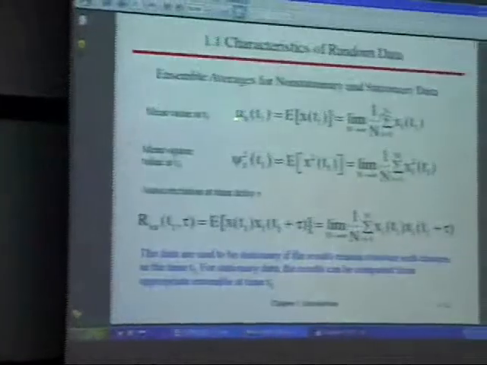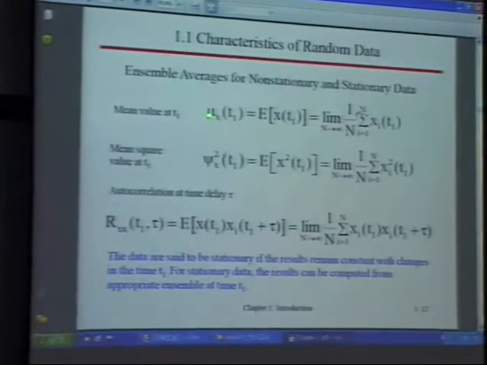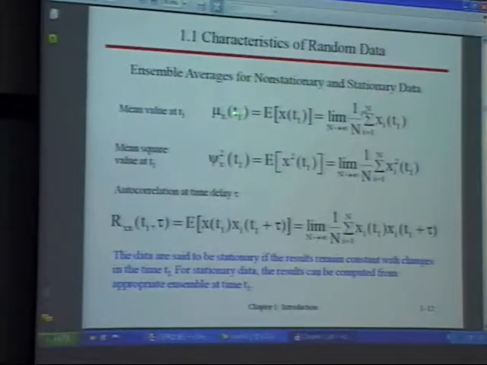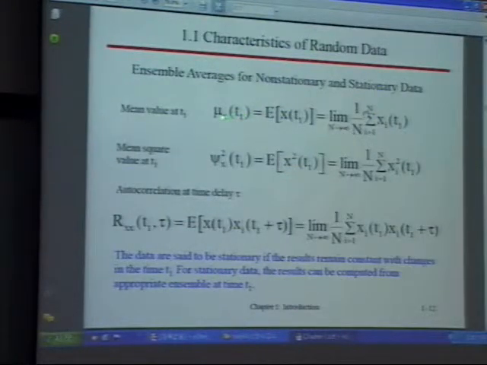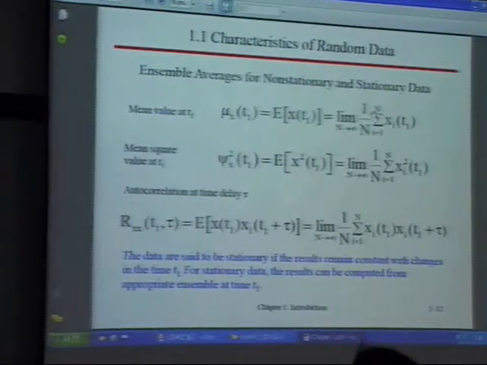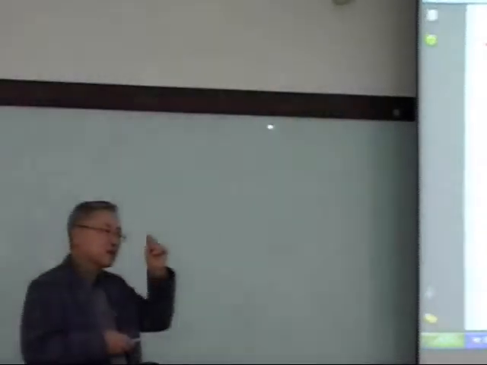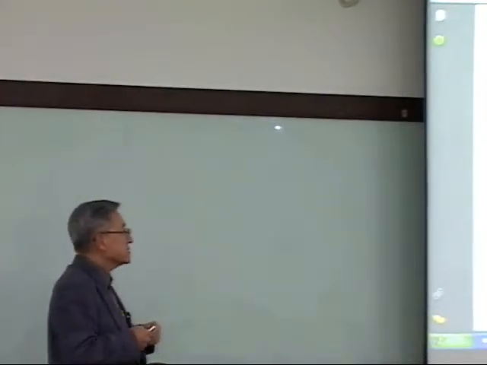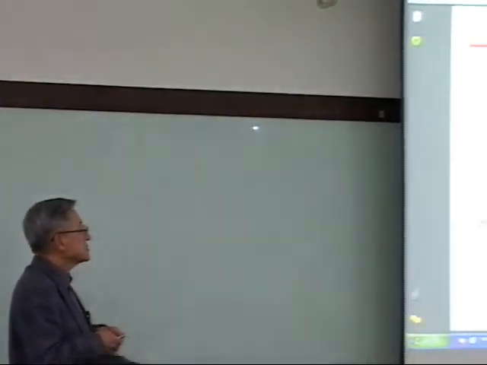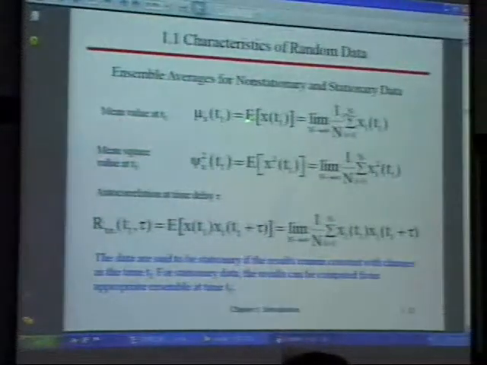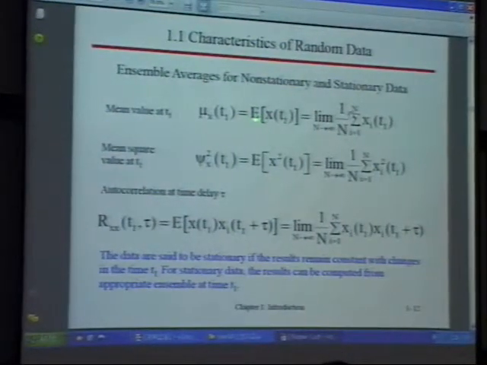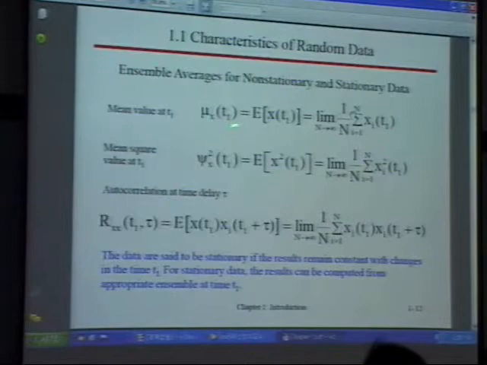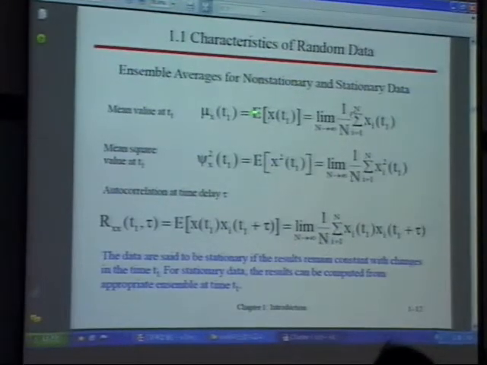This is the notation I'm using. Mu is a mean. Mean or mean value is the same. At time t1, x is a random variable, one number. You pick out the one point at time t1 right on the curve, that particular value. So E is the same as expected value or mean value. Expected value is all the same.